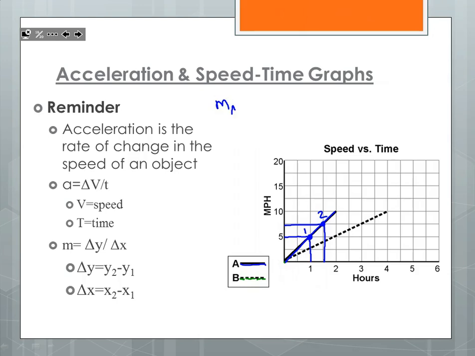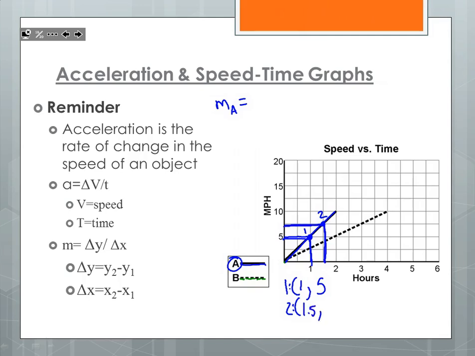So, slope sub A, that sub A is for the A of the first line. And we're going to equal, first before we do that, we've got to find our points. So, point 1 says that my x is a 1 and my y is a 5. Point 2, I'm going to put little dots here so it doesn't look like it's multiplying to be distributed. My x is between the 1 and a 2, so it's a 1.5.